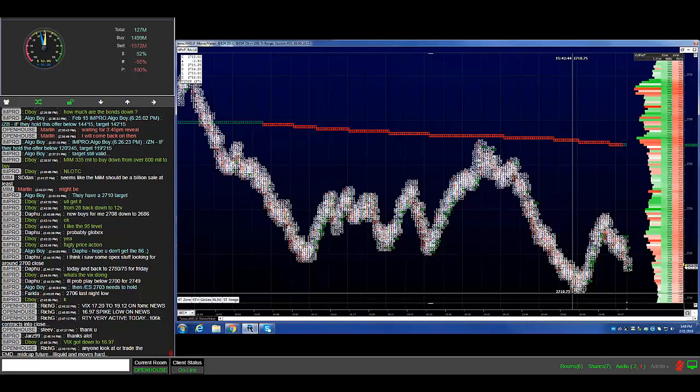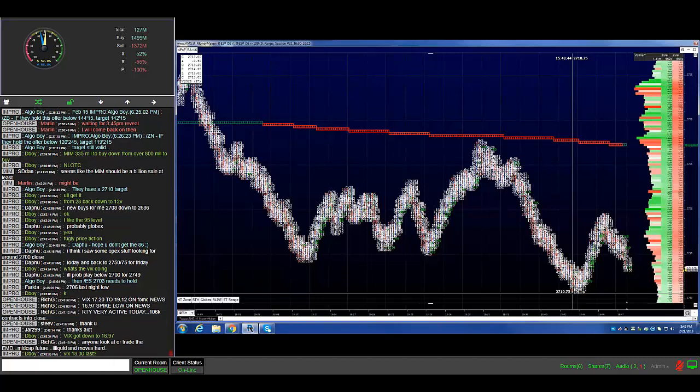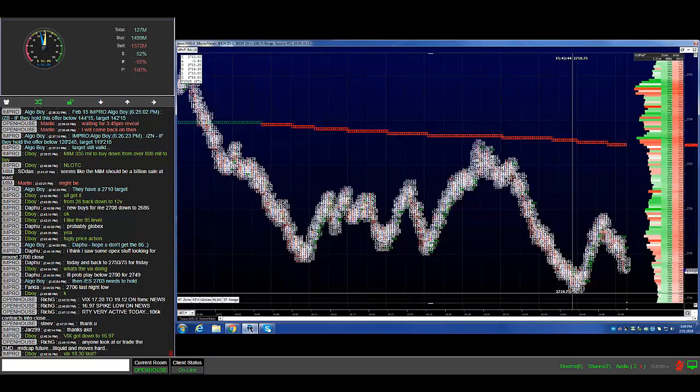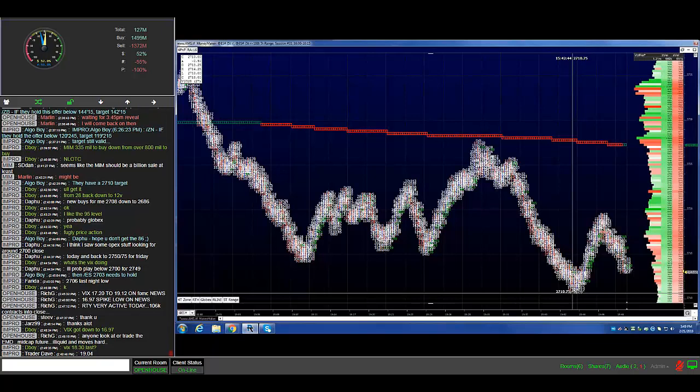So remember, if you're in the rooms, pick somebody who you particularly like and just follow their trades. If you click on a trader's name in the chat room, the chat will turn into just a list of all the posts that particular person has done. So if you want to see Trader J, Dave, or Algo Boy, or D Boy, just click on his name inside the chat room.